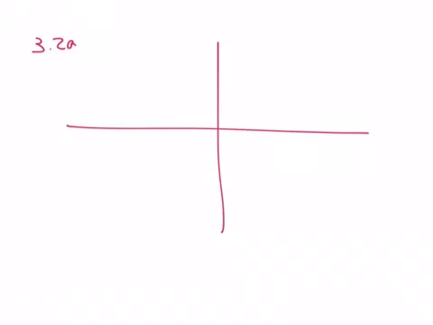Alright, so in the last section or so I was talking about how a graph is a picture of an equation. Some of the pictures of equations, if we have a graph like this, the xy axis, some equations are going to draw pictures like that. Some of them are going to draw pictures like that.